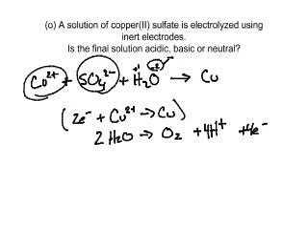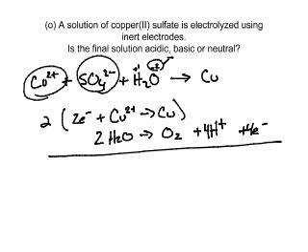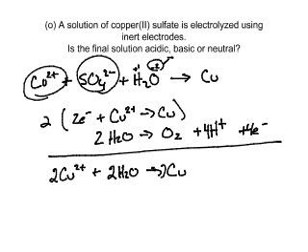So when you balance the equation, you're going to have to double, because you want the electrons to cancel the coppers. So that'll give us 2 Cu2 positive plus 2 waters, and that's going to make 2 coppers plus oxygen plus 4 hydrogen.